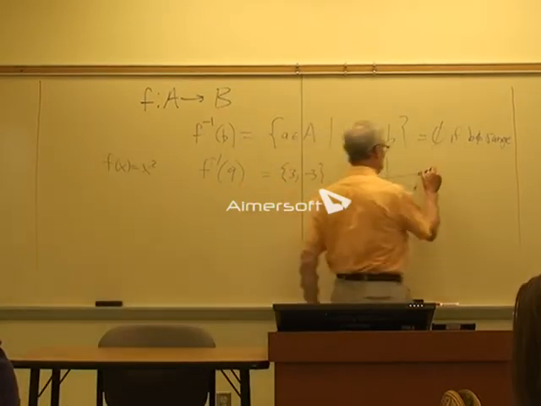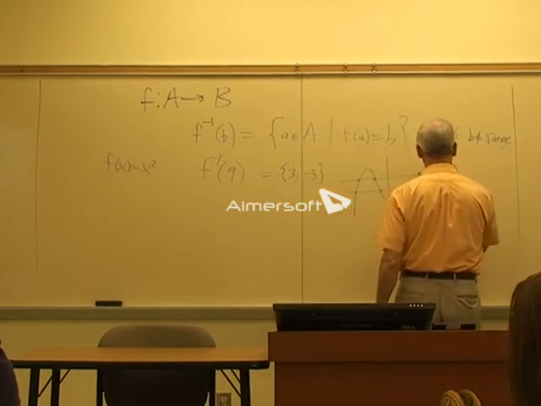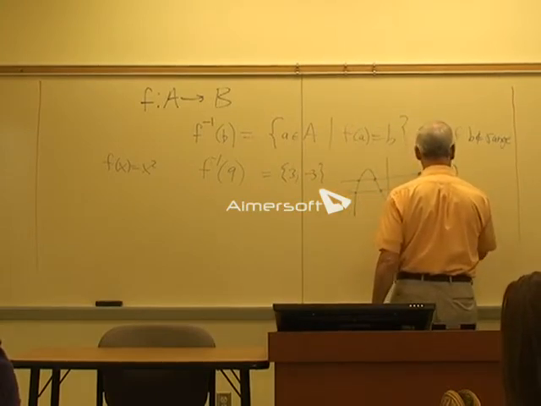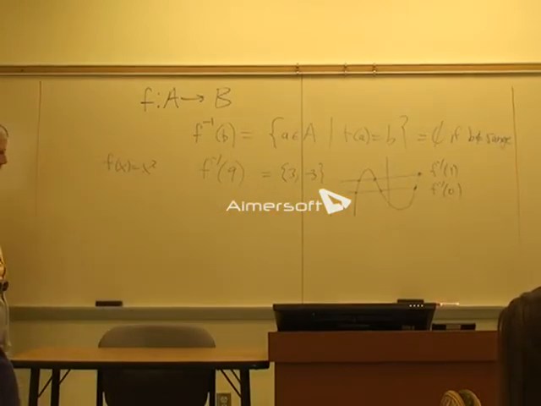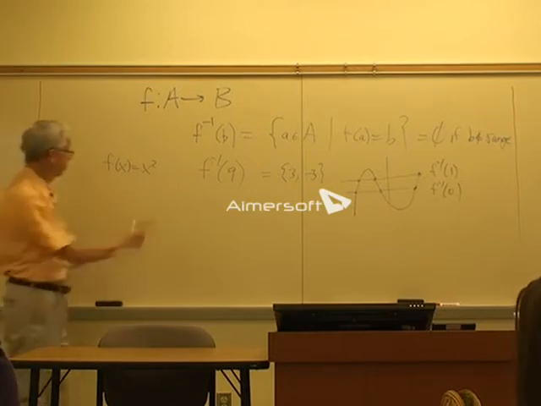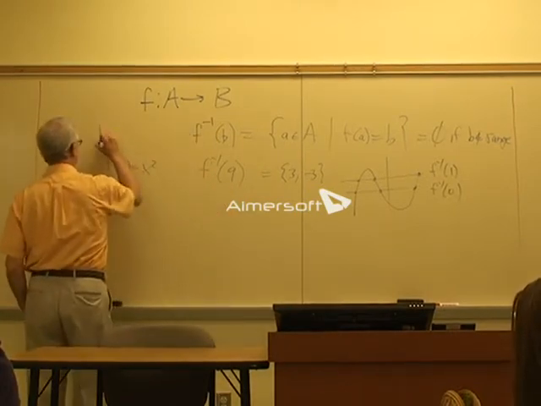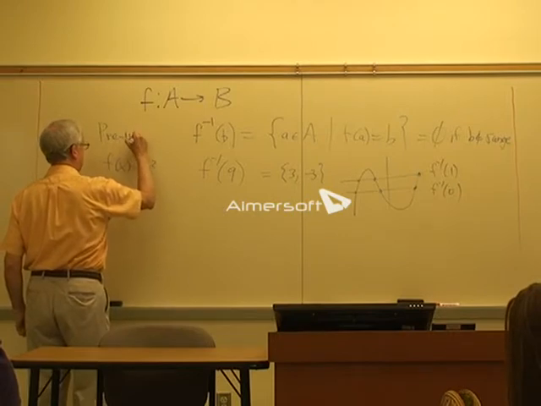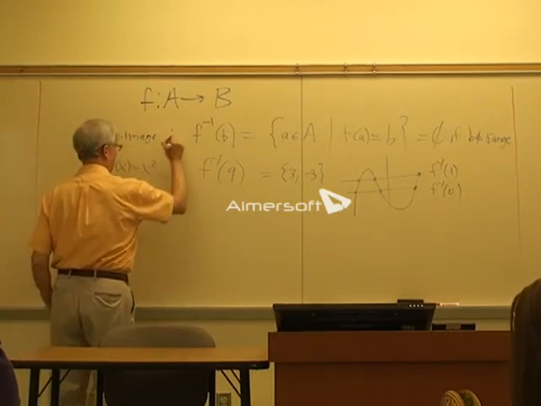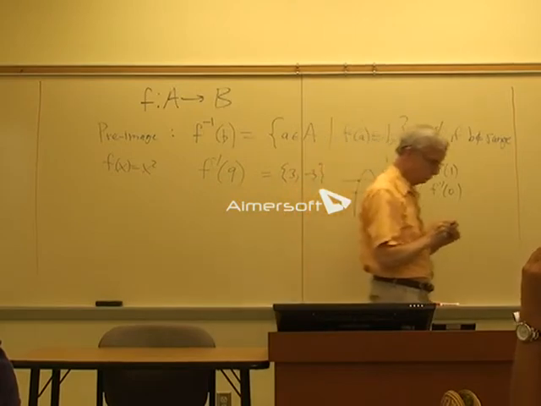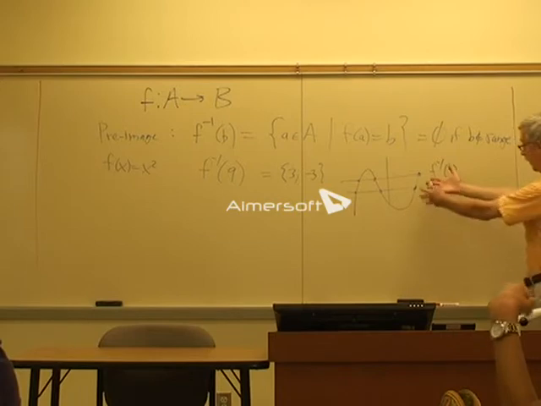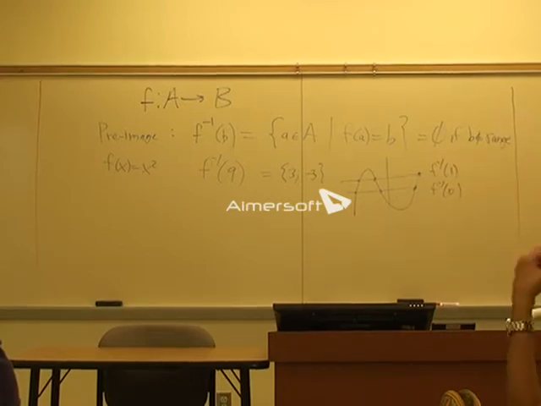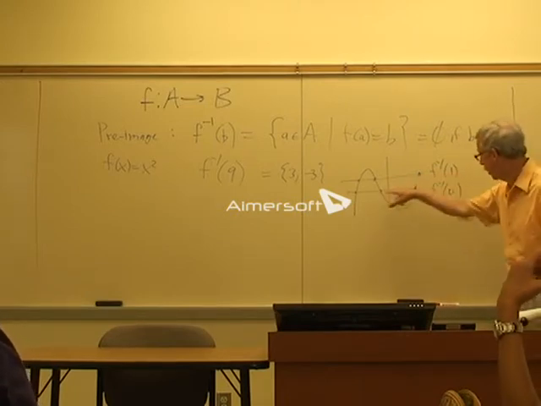So this would be f inverse of 1, and this would be f inverse of 0 under the appropriate cube map that does that. And so this is called a pre-image of an element. As we dig deeper, we'll see these are important, and even at this level they're important. They're all the answers, we might say, to solving a problem f of x equals 1 or f of x equals 0.